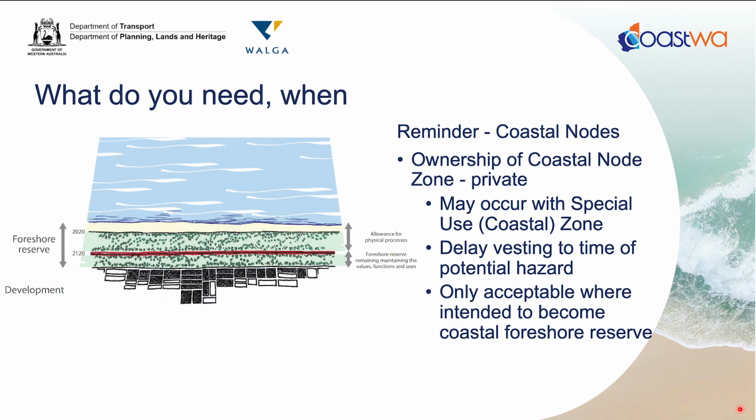So coastal node zone may be held in private ownership for a period, and that would be where there was a zone over the foreshore area before the structure plan was developed. The private entity would like to maintain the capacity to earn some income from that area, even though it's within the coastal zone. And so it is rezoned into a coastal node zone.